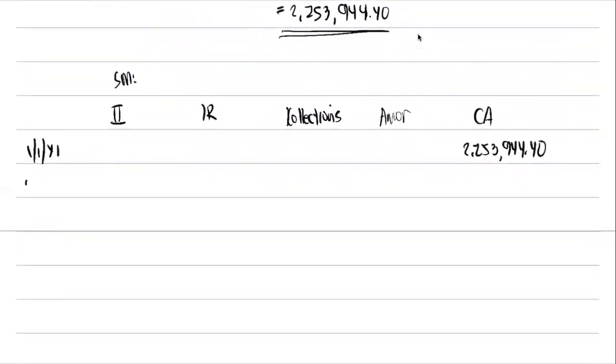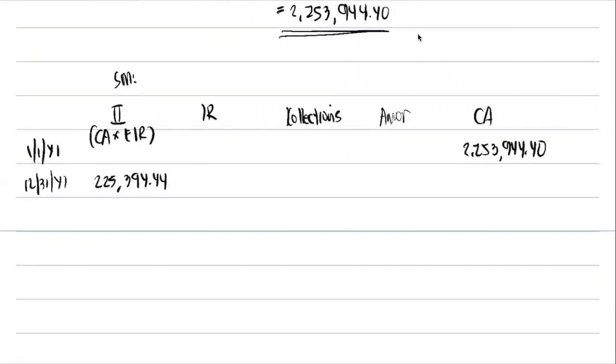And then on December 31, year 1, our interest income is equal to your carrying amount multiplied by your effective interest rate. So 2,253,944.40 multiplied by 0.10 will give us 225,394.44.